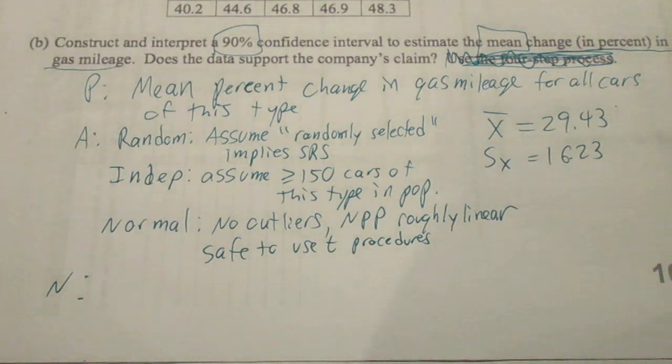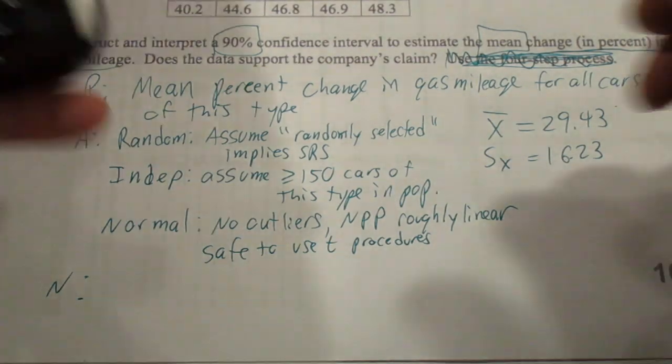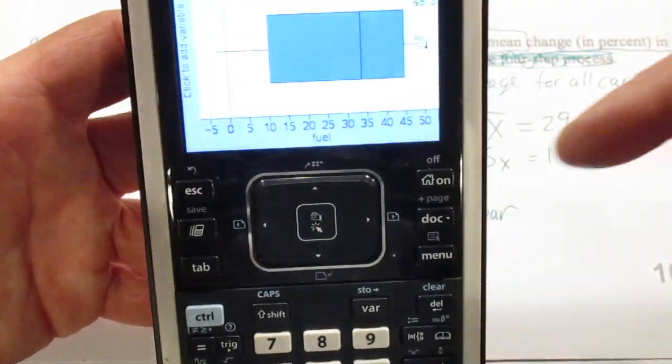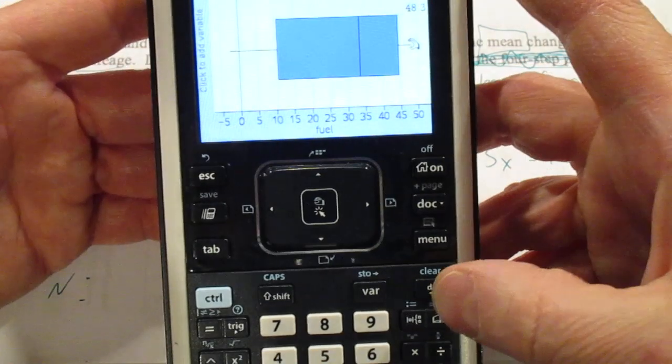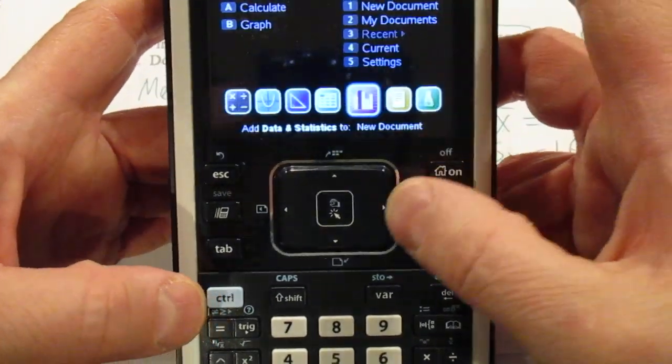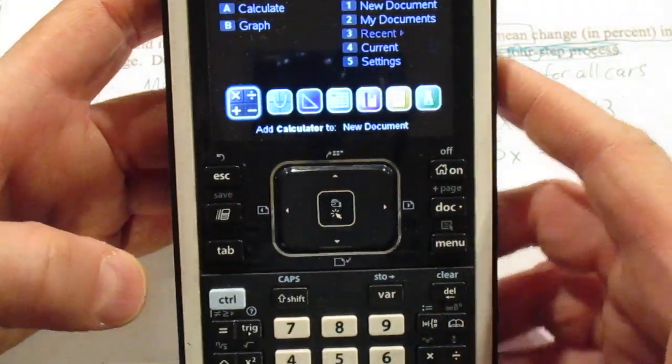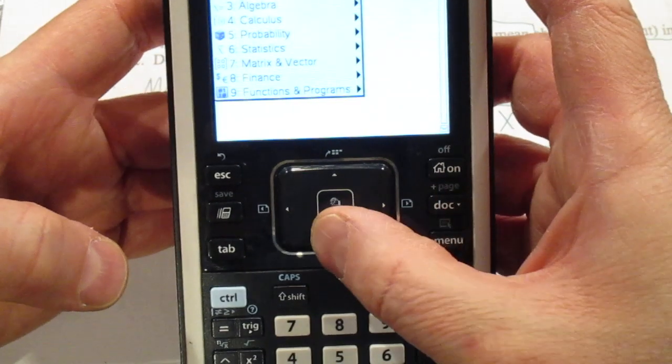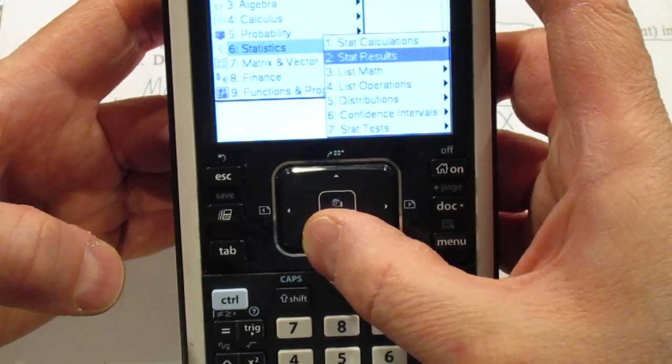Now, haven't done one of these on my video yet. So, what confidence interval are we going to use? Usually at this point I would write down the name of the interval first, but I'm going to go to the menu first.